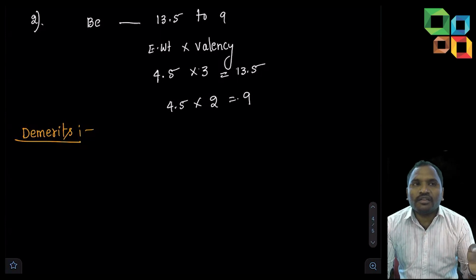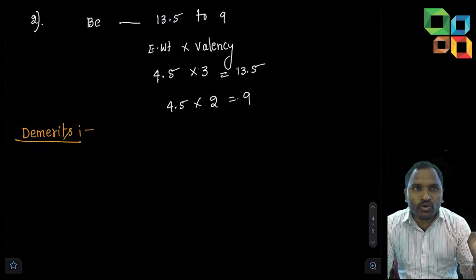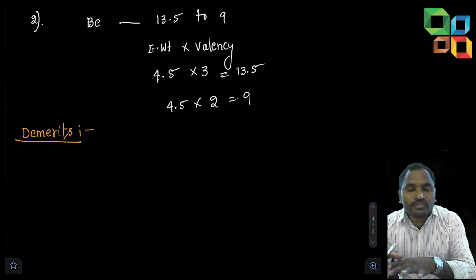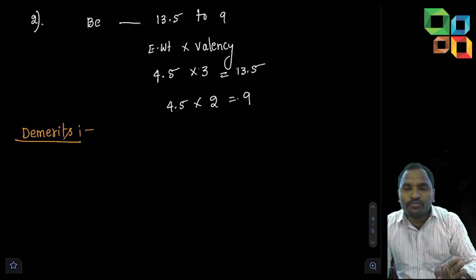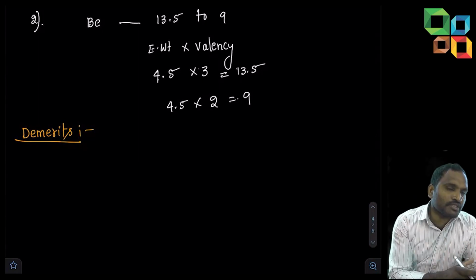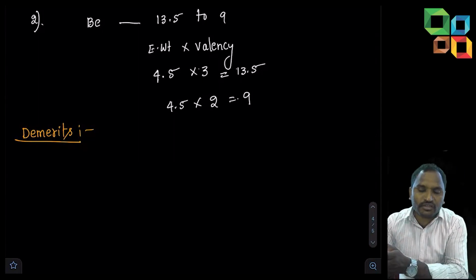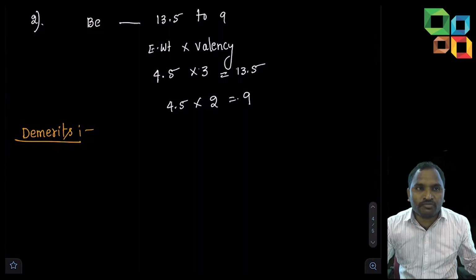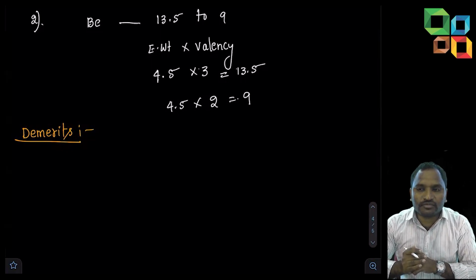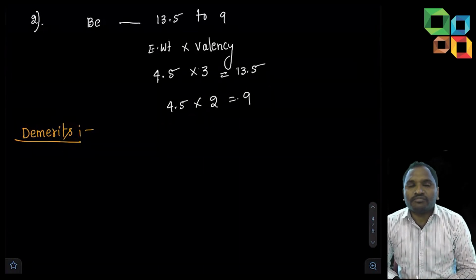Then he thought there might be some atomic weight measurement problem. So what he did was arrange similar elements in the same groups according to their properties, not according to weight, in some cases. Some heavier elements occupied first and some lighter elements next. It means he couldn't follow the increasing atomic weights concept strictly. If we follow it, the elements' properties are not the same, meaning their properties will become different.